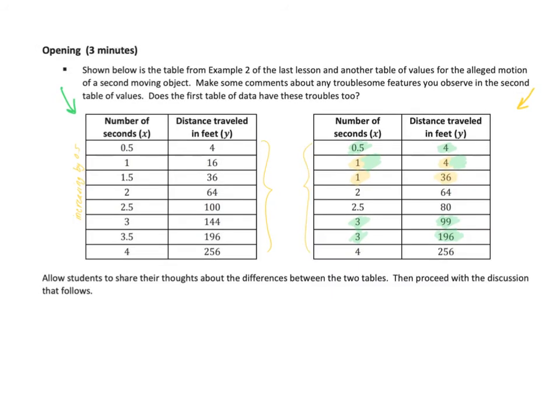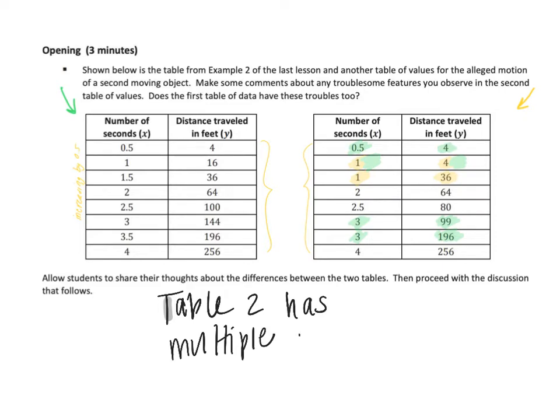So that's what we should have decided here, is that table 2 has multiple y values assigned to the same x value.